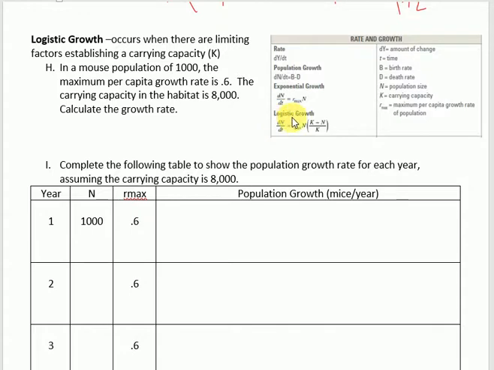So we are going to switch formulas to this one right here. So we are going to have our 0.6, and we are going to have that times our population, which is 1,000.